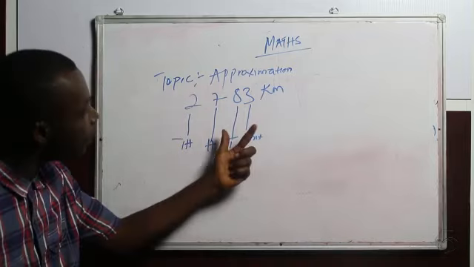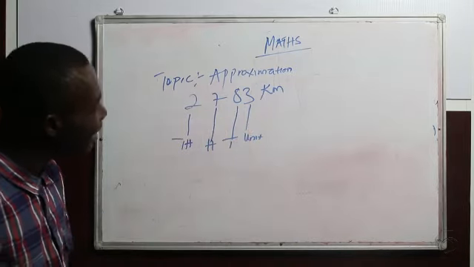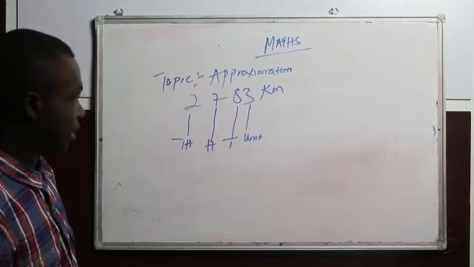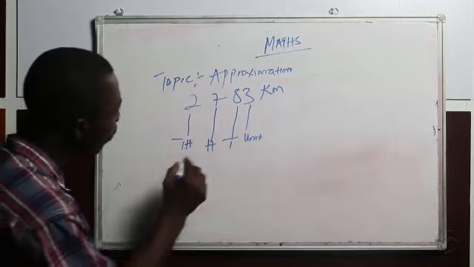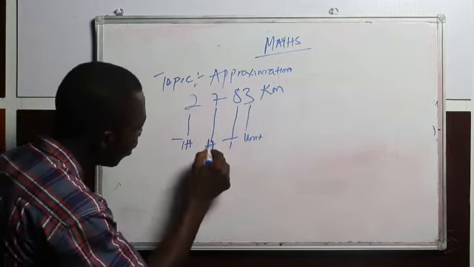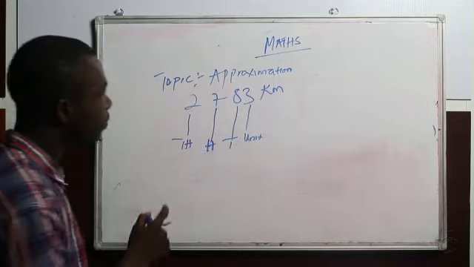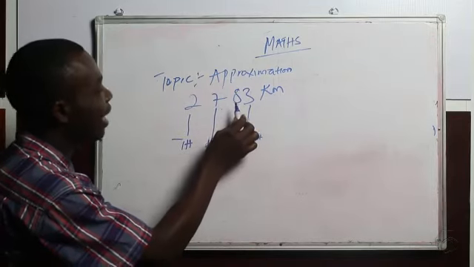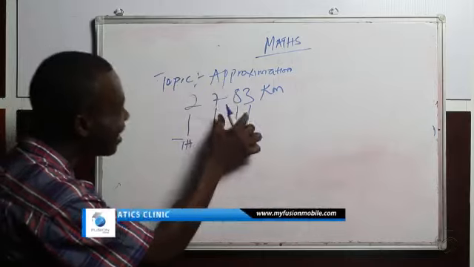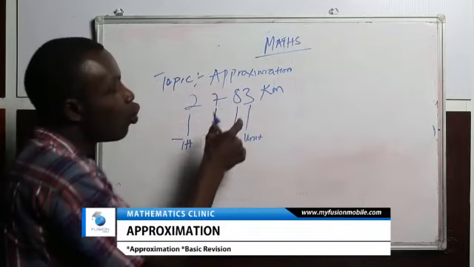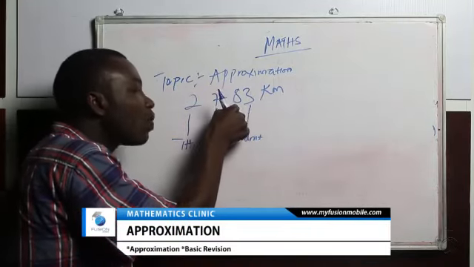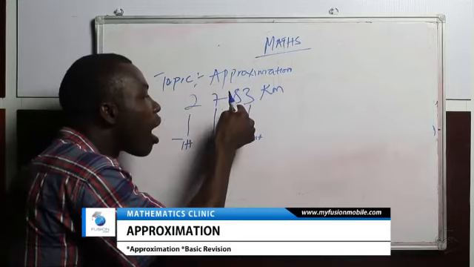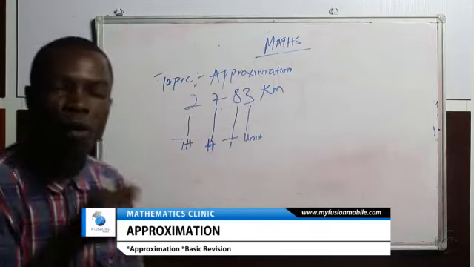How do we find the nearest 100? Consider this 100 and this is 10. We discovered that we have 783 in this value, so you ensure that this value is greater than half of 100.